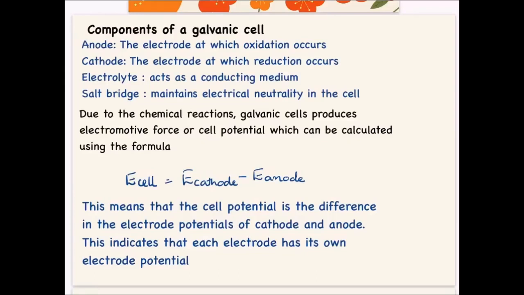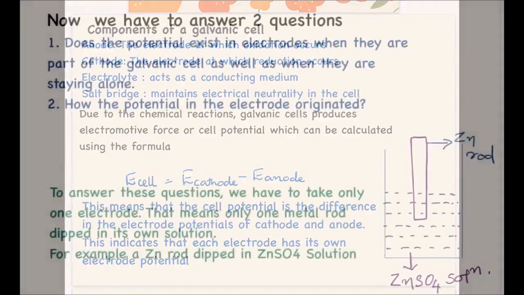This equation suggests that the cell potential is the difference in the electrode potentials of cathode and anode. Each electrode, cathode and anode, has its own electrode potential, and their difference will give you the cell potential. So now we got an idea that individual electrodes have their own electrode potential.